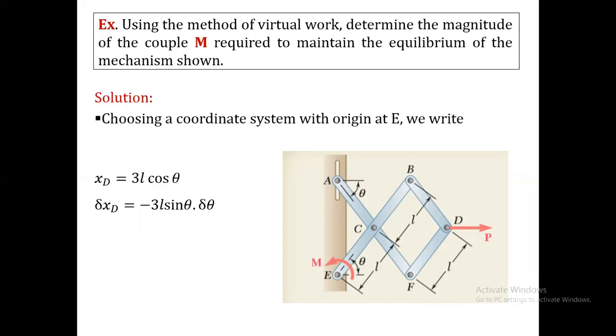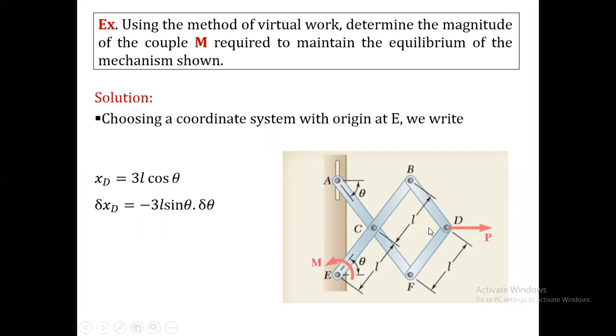Our point of interest here is D, at which the force is acting, as well as E. At point D, I need the horizontal distance from point E. If I construct a triangle from D to the line joining AE, the length of that line will give me XD.